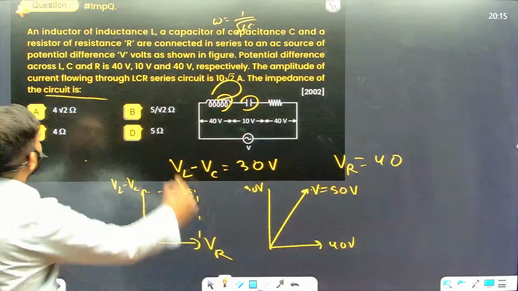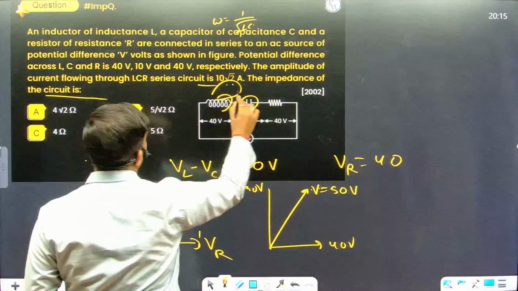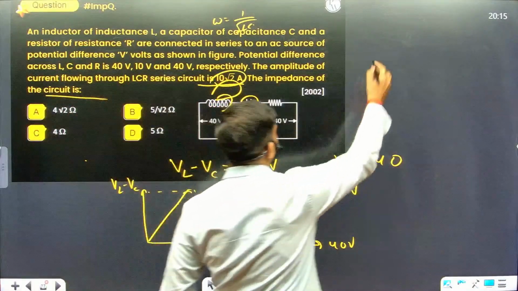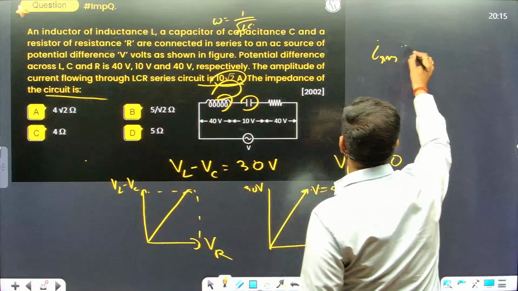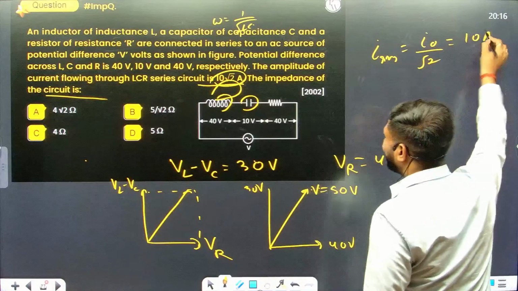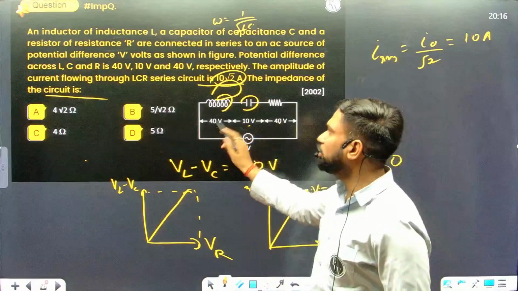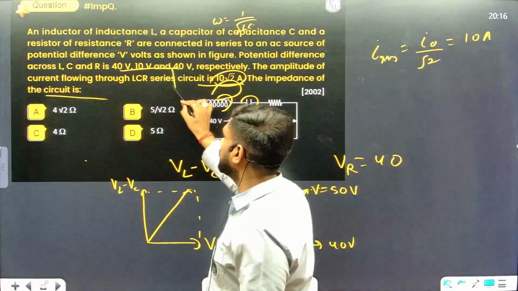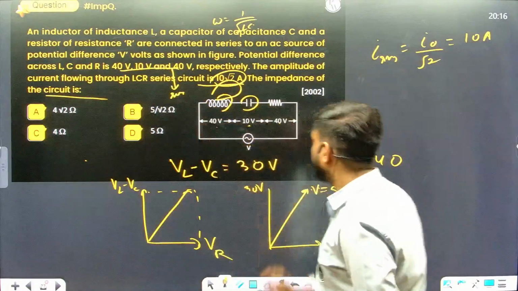So they have given that the amplitude of the current is 10 root 2. So the RMS value of current will be what? The amplitude divided by root 2, which is 10. And whenever the voltages are mentioned, they are always the RMS voltages. Potential difference across LCR, they are all RMS voltages, without the equation.